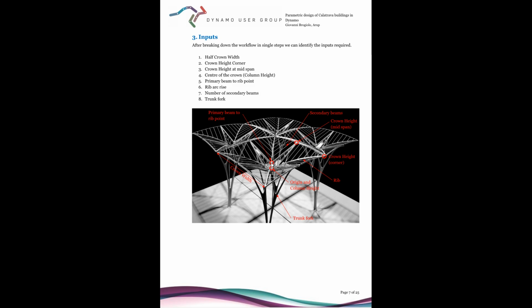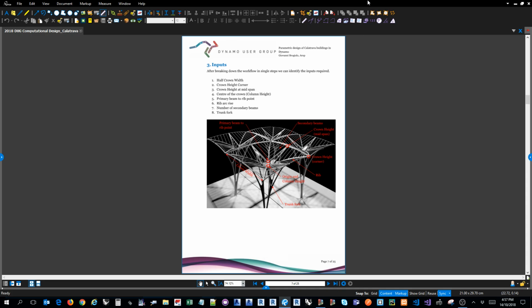We then need to identify where the primary beams are connected to the ribs. We need to identify the rib rise and where the fork occurs, and then we can define the number of secondary beams.